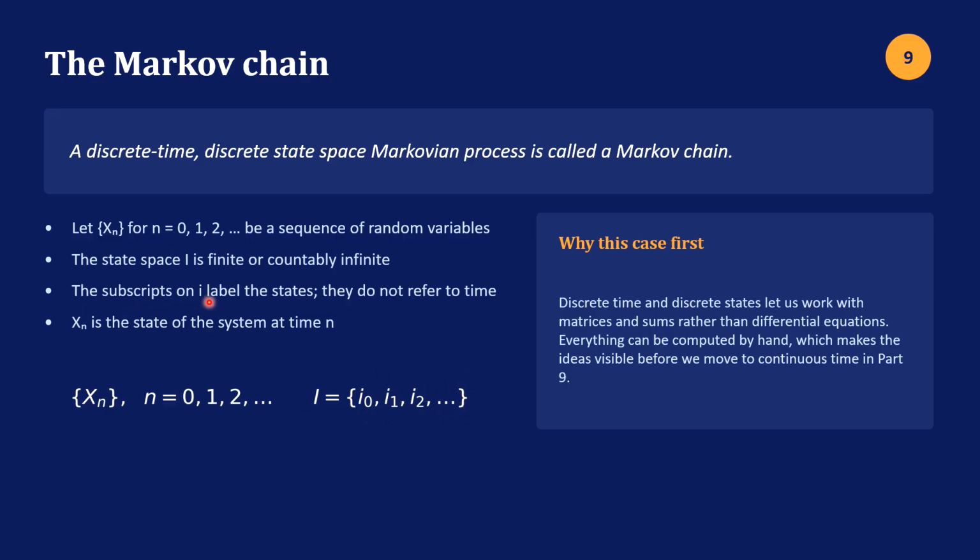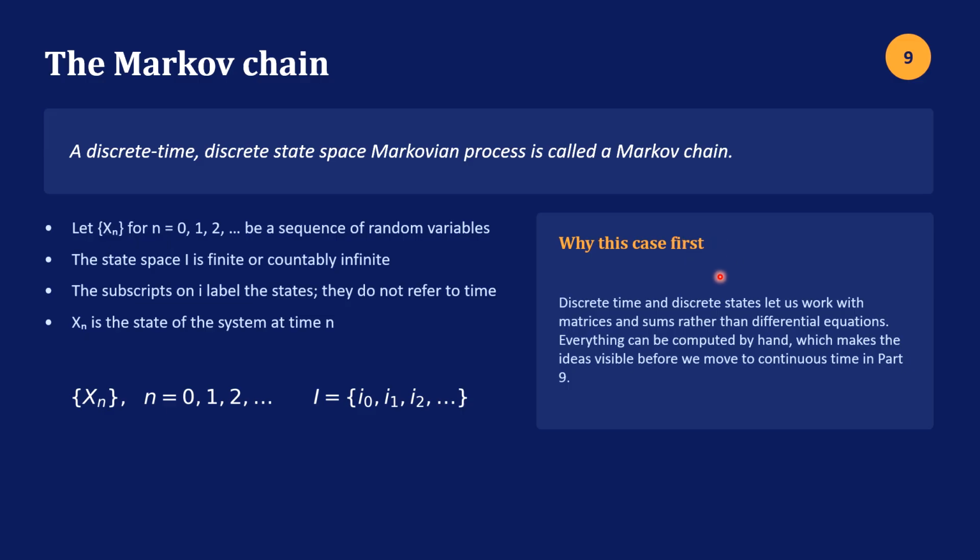The subscripts on I label the state: this is state 0, state 1, state 2, and so on. They do not refer to the time. The time is n here. So for example, at time 2, you could be in state I sub 0.